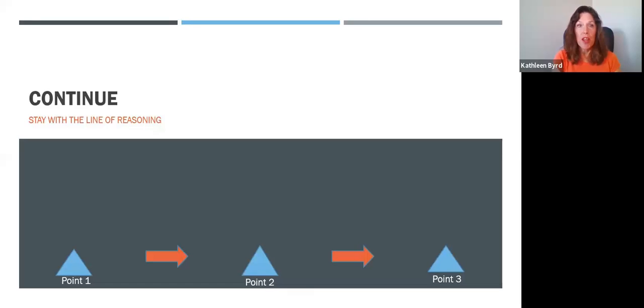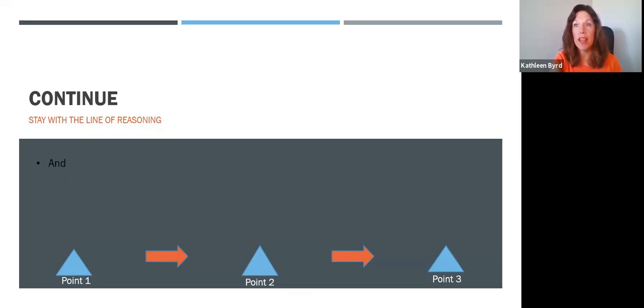So sometimes when we're speaking, we want to continue a line of reasoning. We want to use a word to connect point 1 to point 2 to point 3, and they're all in one line. They're similar ideas.